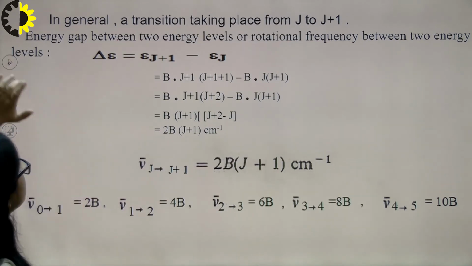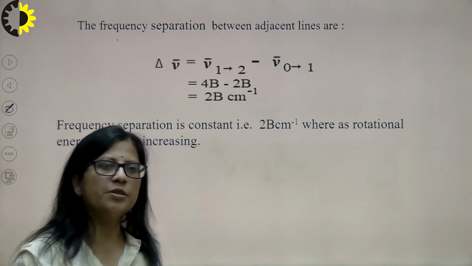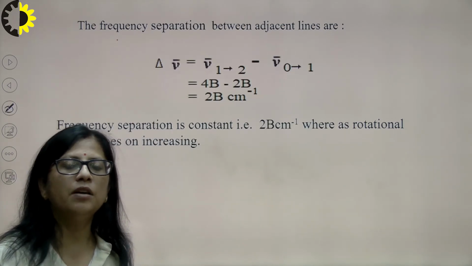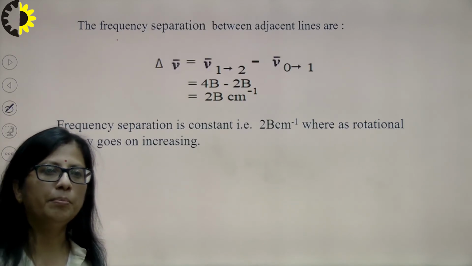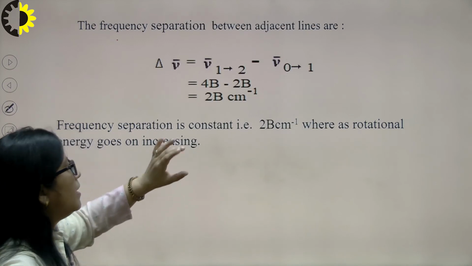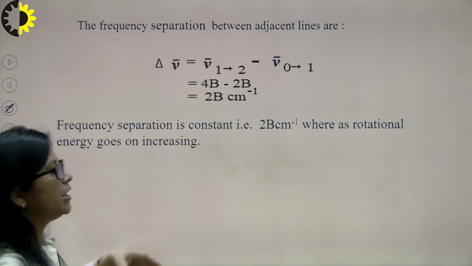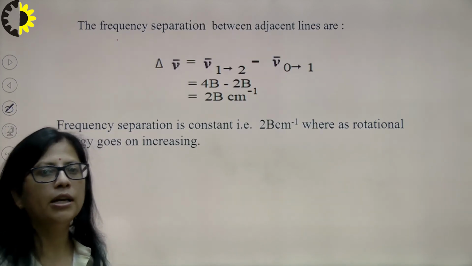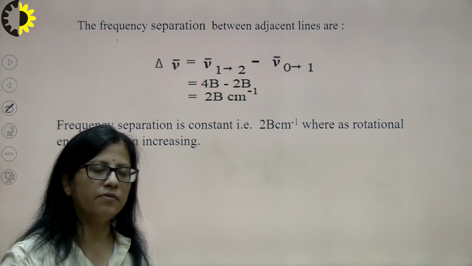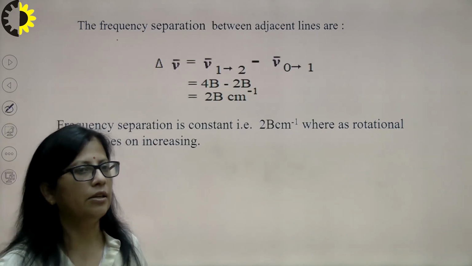Therefore, the lines will be observed at a difference of 2B. The frequency separation is constant, that is 2B centimeter inverse, whereas the rotational energy is going to go on increasing. The separation between lines will be at a constant value, but the intensity of lines will go on increasing.